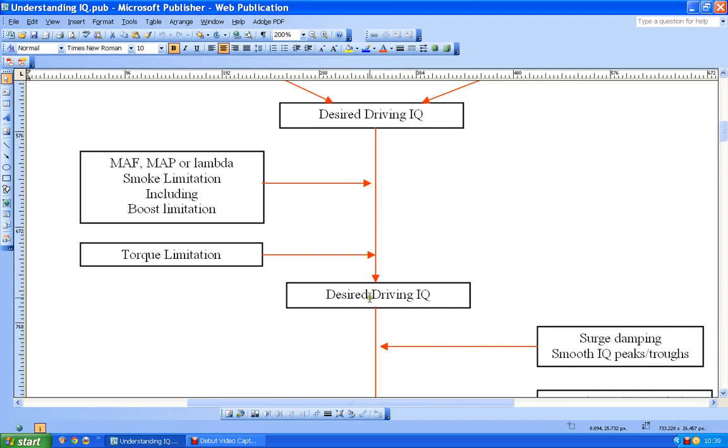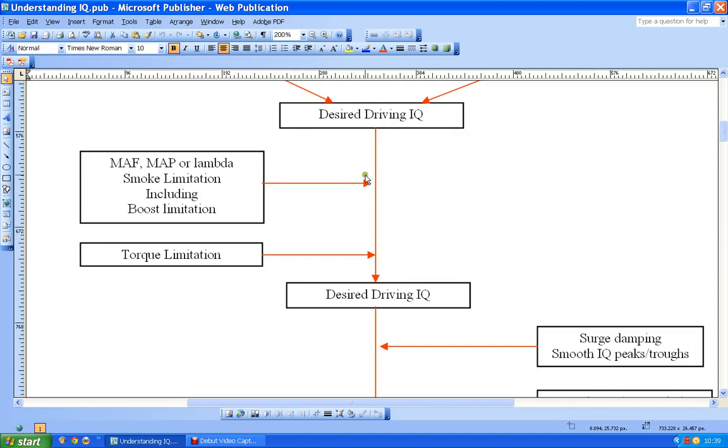Before we can get to our desired driving injection quantity, we've got to go through another limitation. The torque limiter will once again adjust whatever figure this one is allowed to pass and adjust it down again. So we might have asked for 80 milligrams, let's say, of fuel here.